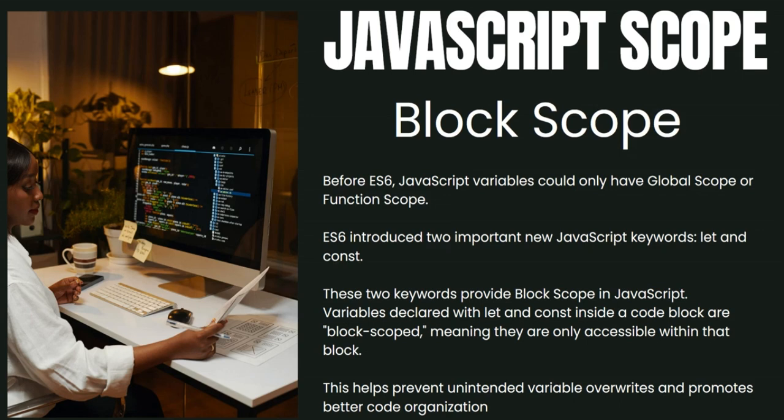Remember that in the previous two lessons, we've talked about the global scope and the function scope: how functions can be accessed globally, how variables can be accessed globally, and how variables work when declared inside functions.